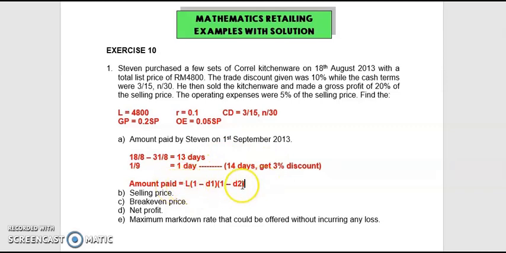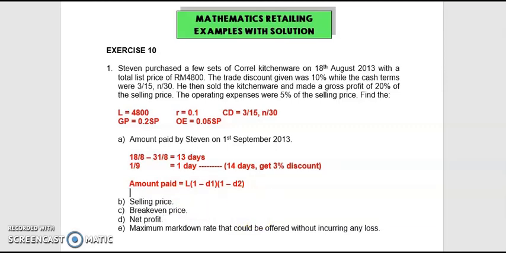Okay, so remember when you want to calculate discount, sales tax, transportation cost, freight, you must exclude from list price first if it is included. So here, list price will be 4,800. So first discount, trade discount is 10%.